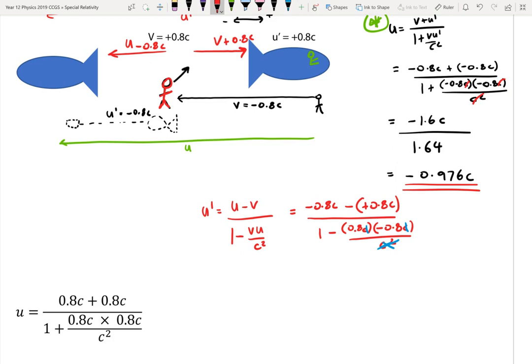What's happening underneath? Let's rewrite it. Negative 1.6c over 1 minus 0.64, which is positive 0.64. Hmm, so we get a double negative, and we get minus 0.976c. Okay?